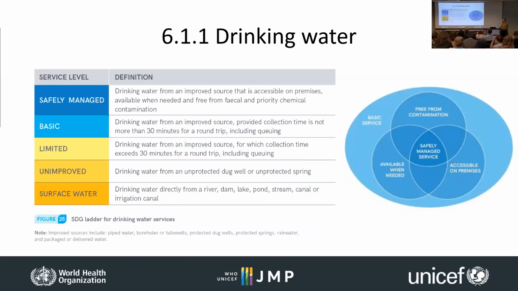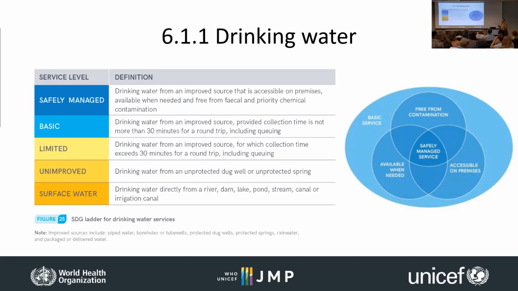So the definition of indicator 6.1.1, which is used to track SDG target 6.1 on drinking water, is safely managed drinking water services. So the population using safely managed drinking water services is defined as the population that drinks water from 1, an improved source, 2, that it's accessible on premises, 3, it's available when needed, and 4, is free from fecal and priority chemical contamination.